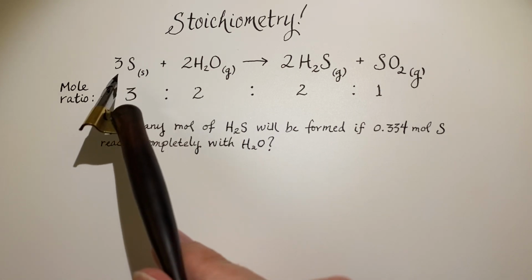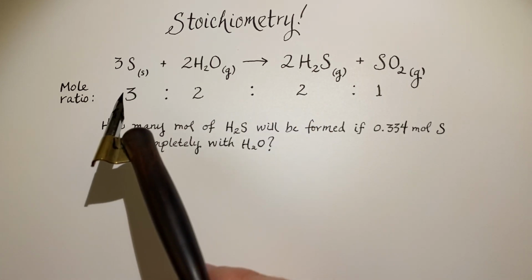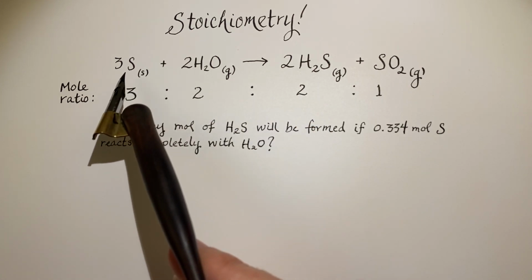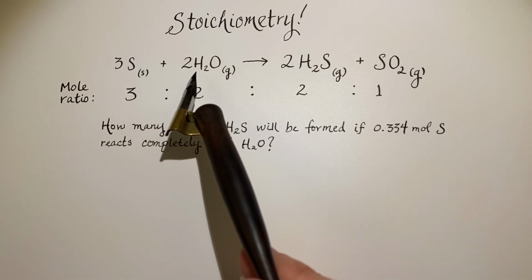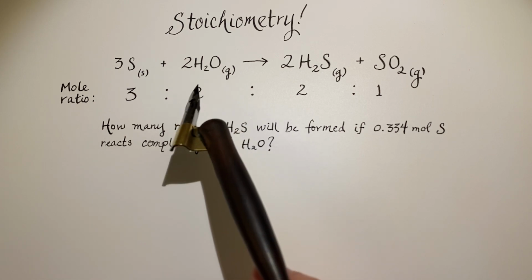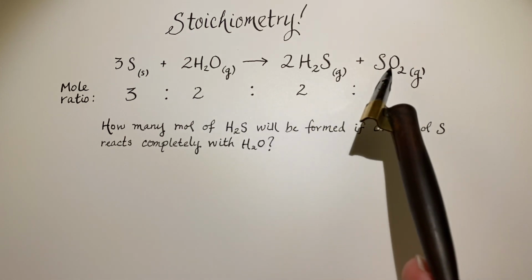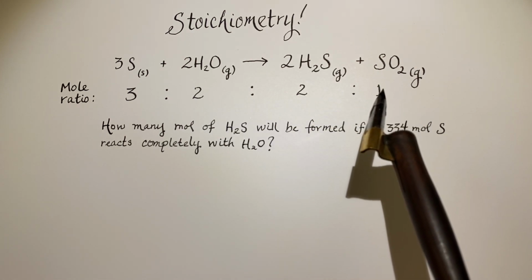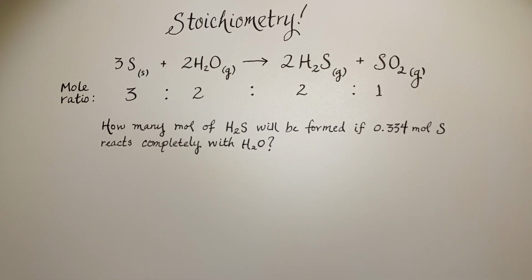So this chemical equation is depicting essentially what would happen if you had elemental sulfur sitting out in a humid environment where you had gaseous water. And you would expect to get these two products. I did want to mention something to those of you who know a little bit more about sulfur.